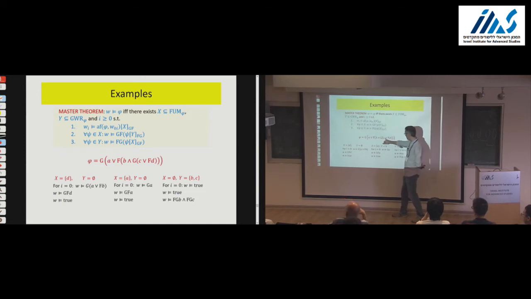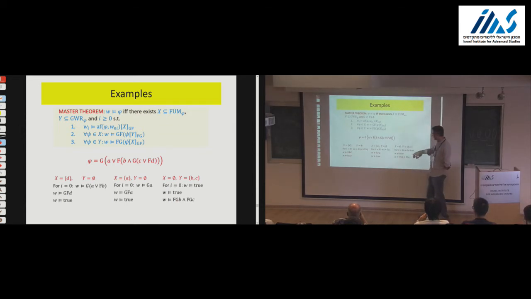We can replace this one by false. When we do the substitution, we replace this by false, and what we retain is GA. So we are done if we prove GFA and GA. Of course, this one implies that one, right? But this is what you get in this case with this choice of X and Y.